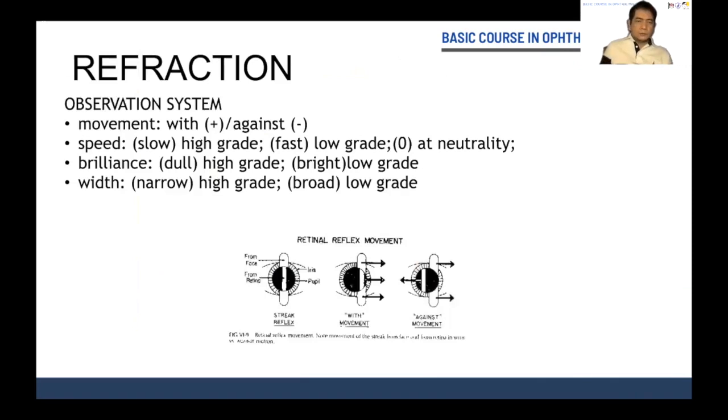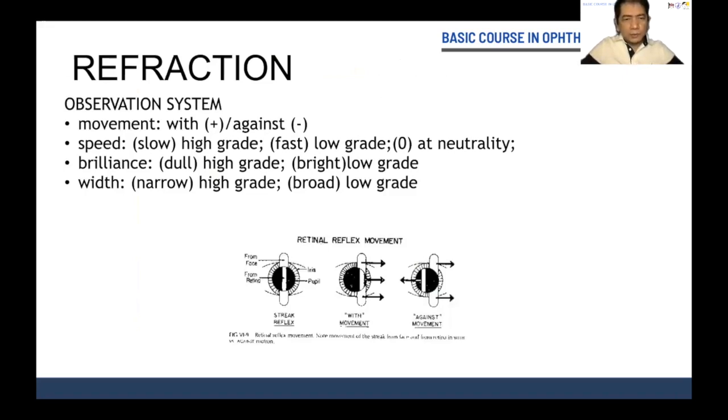Okay, so there are some clues in the observation system. First, the movement. If it's with, you add plus lenses. If it's against, you place minus lenses. You also check for the speed, because in a high grade error of refraction, the speed of the reflex is slow, while if it's fast, it will give you an idea that the grade is low.